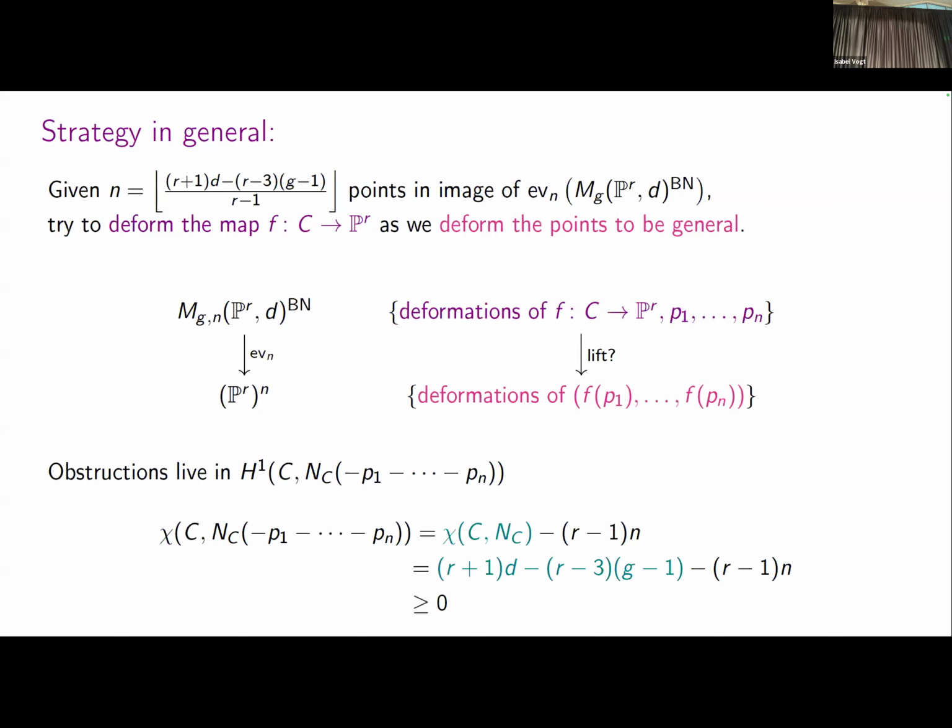This maximum that I got from my dimension conjecture is exactly the same as saying the Euler characteristic of the normal bundle twisted down by these points is greater than or equal to 0. So it's exactly the condition when we could hope to prove that this bundle has no H1.